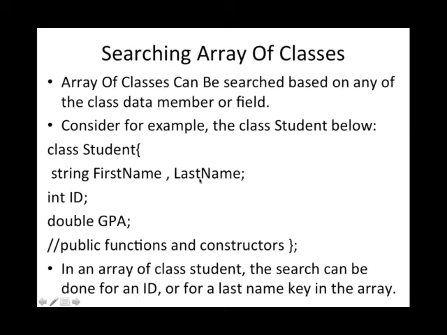And last name, although not unique, you could still search with. In a better search function, you could return all the values that are found with the same last name. So the key could contain either the last name or ID, and the key is the one that we're going to search for inside the array.